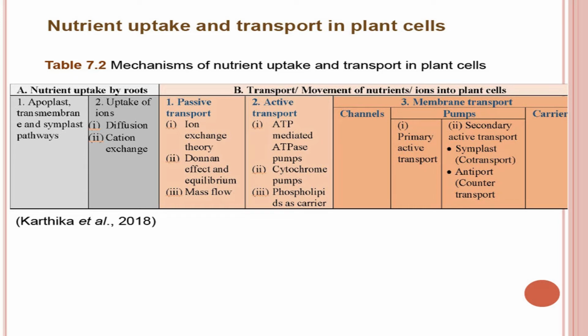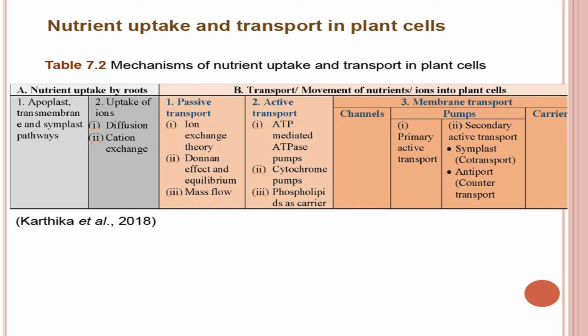Nutrient uptake by roots is in two parts or two mechanisms. One is apoplast, transmembrane and symplast pathways. There are three pathways in one group, which are apoplast, transmembrane and symplast pathways.